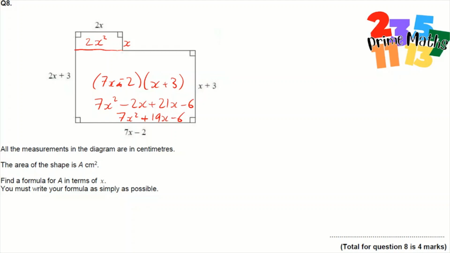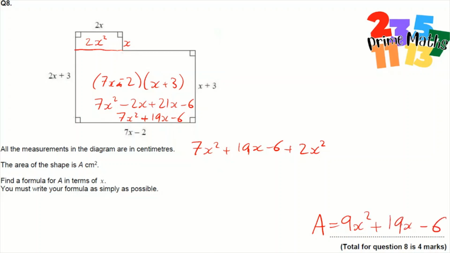The two areas together, I have 7x squared plus 19x minus 6, and the area at the top is 2x squared. It wants a formula for A, so when I collect the like terms together, we get 9x squared plus 19x minus 6 as our answer.